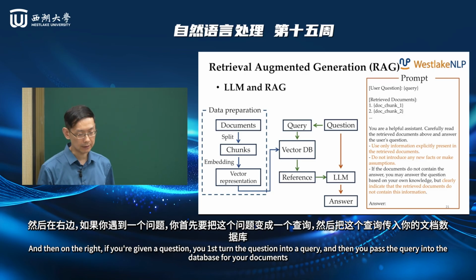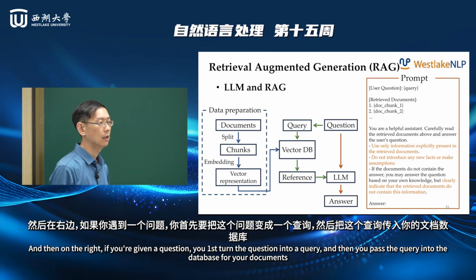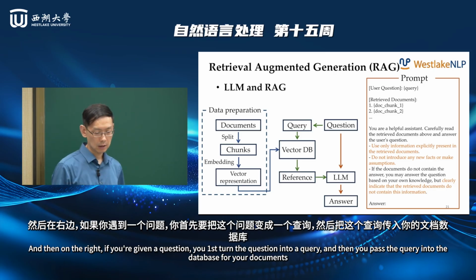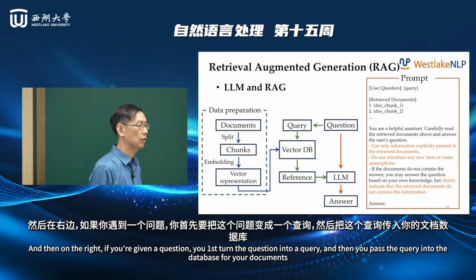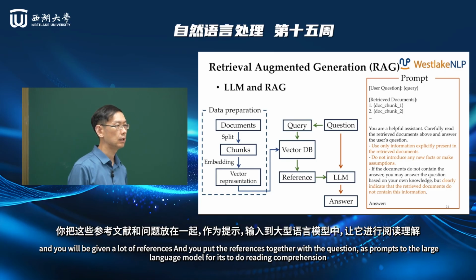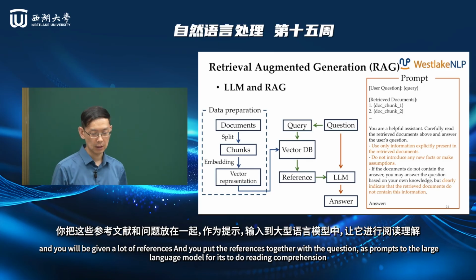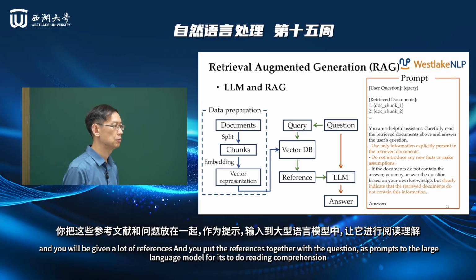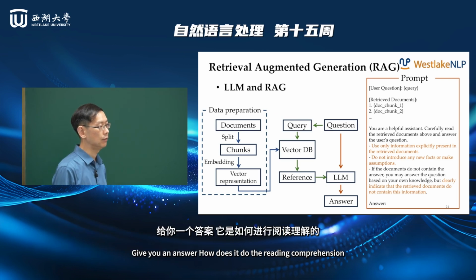Then on the right, if you're given a question, you first turn the question into a query, and then you pass the query into the vector database for your reference documents. You'll be given a lot of references, and you put the references together with the question as a prompt to the large language model for it to do reading comprehension and give you an answer.